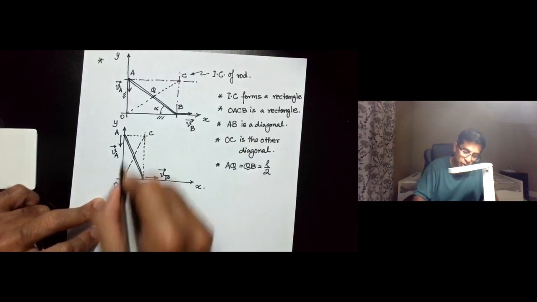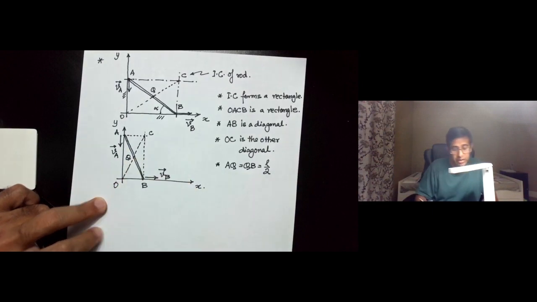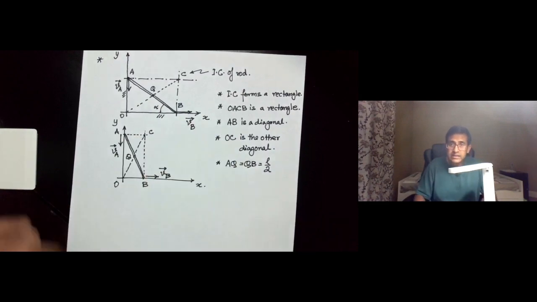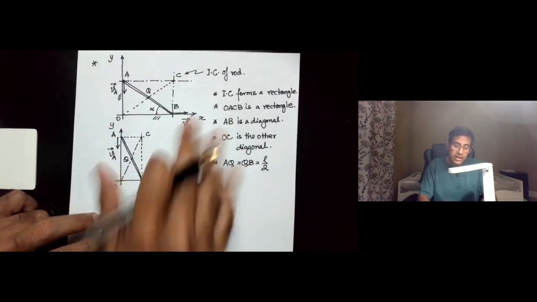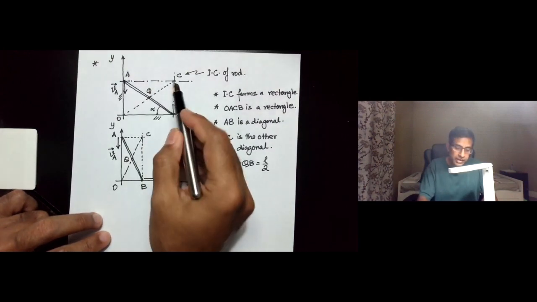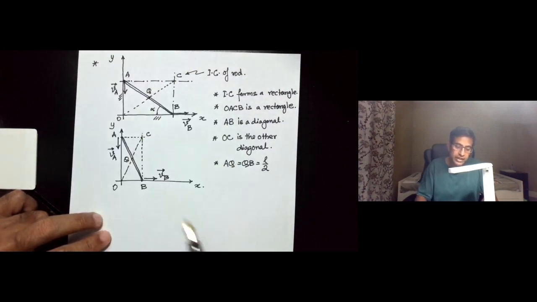So if this is my point O and this is my point Q, AQ is equal to QB is equal to L over 2. So at any instant as the rod is sliding down, the instantaneous center forms a rectangle.